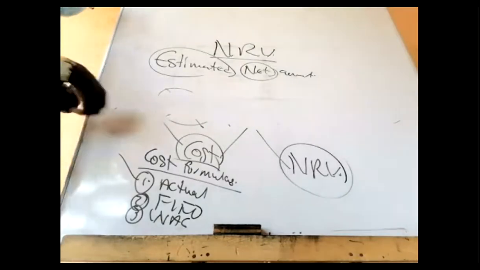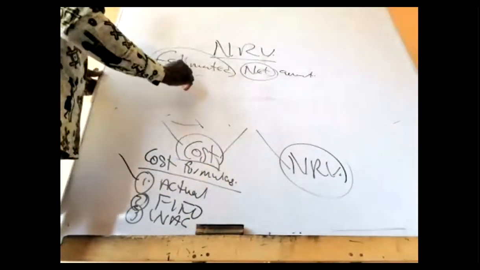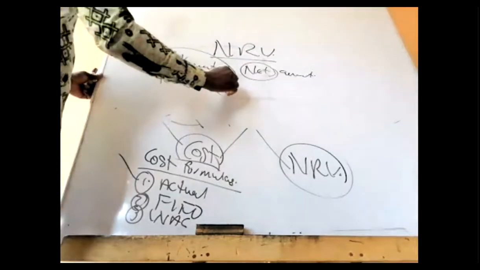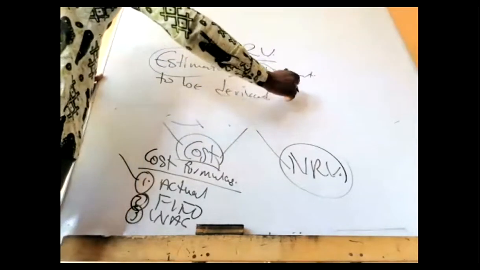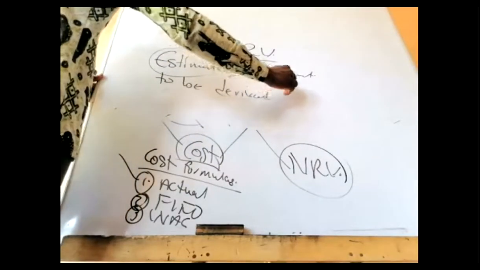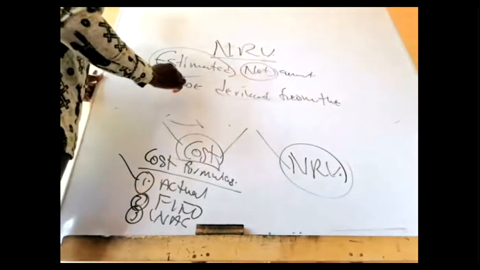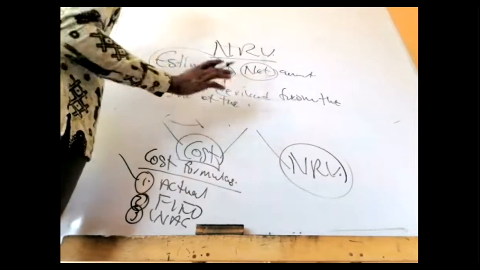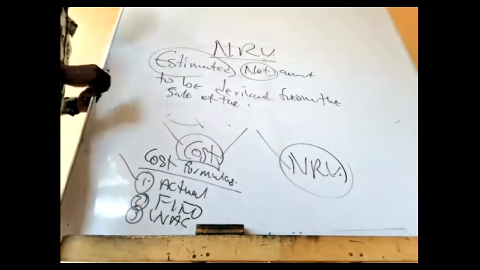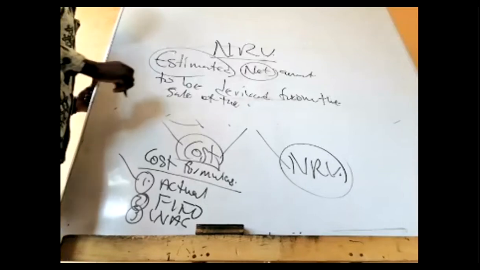If I should restructure the definition, it's an estimated net amount to be derived, earned, or received from the sale of the inventory. Here we are referring to inventory, but in general we can say asset, because not only inventory is sold. When you go to other types of assets, we get the same NRV there.